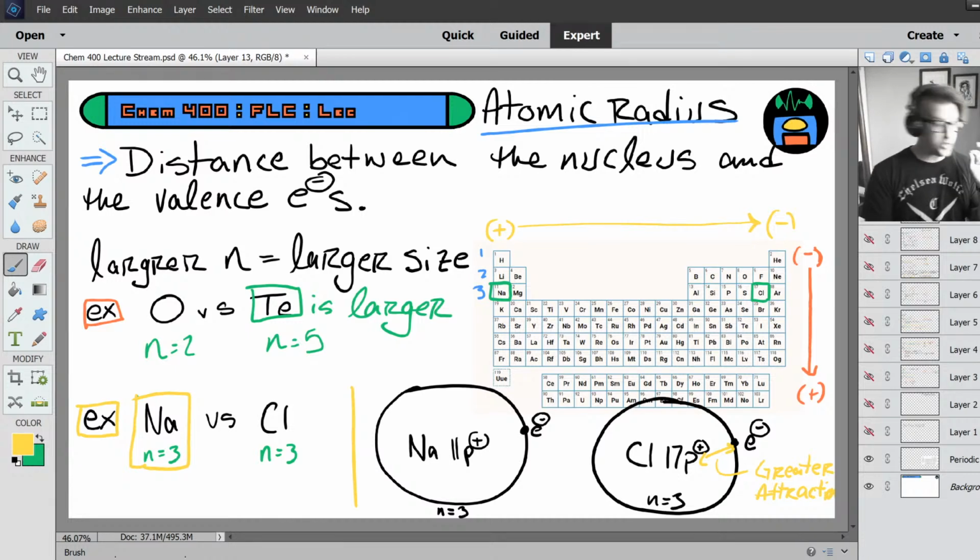Now you only use this argument as a tiebreaker when you have two elements that are on the same period. Then whichever one is further to the left is larger. If they're not on the same period, you always go down. You go with the one that's lower down on the periodic table. That one will always be bigger. If they're the same period, then whichever one is further to the left will be larger. All right, and that is the periodic trend for atomic radius.